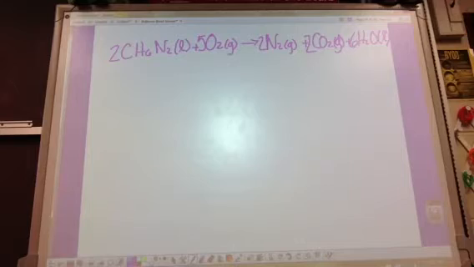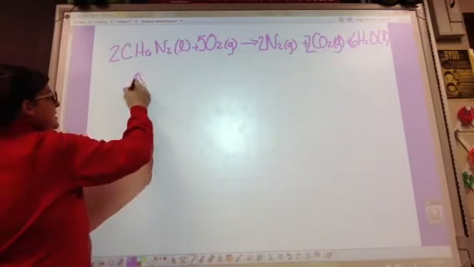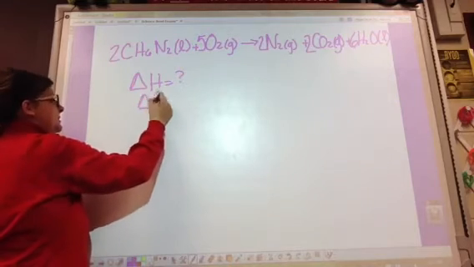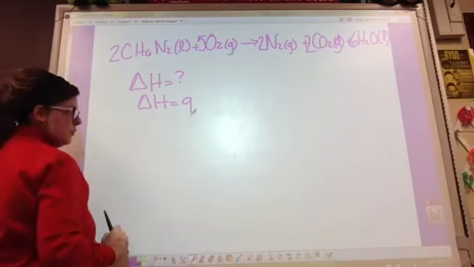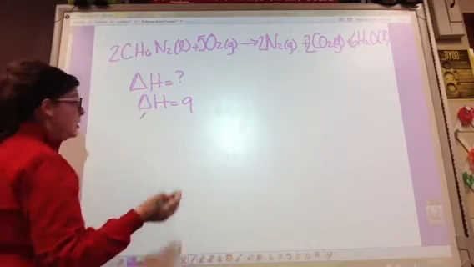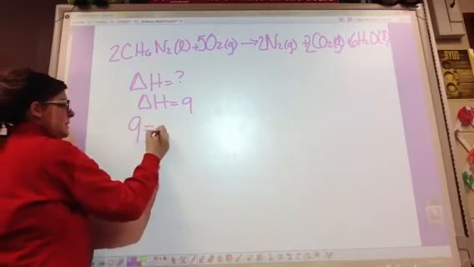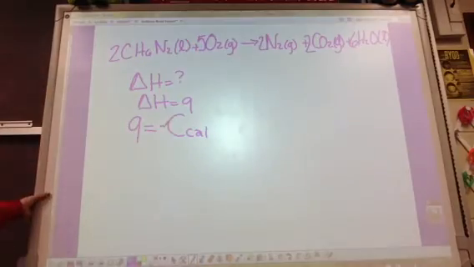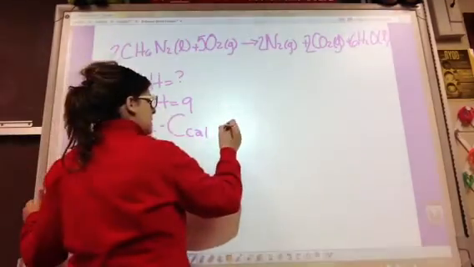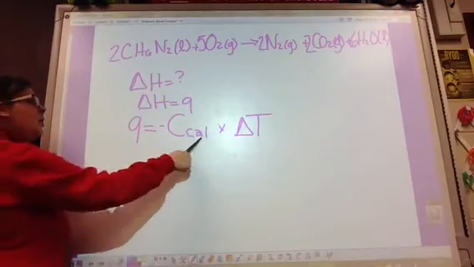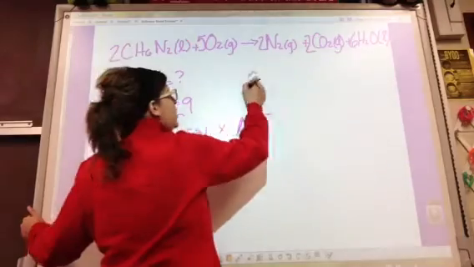So I want to find, ultimately, delta H. That's my goal. And I know delta H is equal to Q. And I know that for a bomb calorimeter, Q is equal to a negative Ccal times change in temperature. Well, I know Ccal, in this case, they told us that.